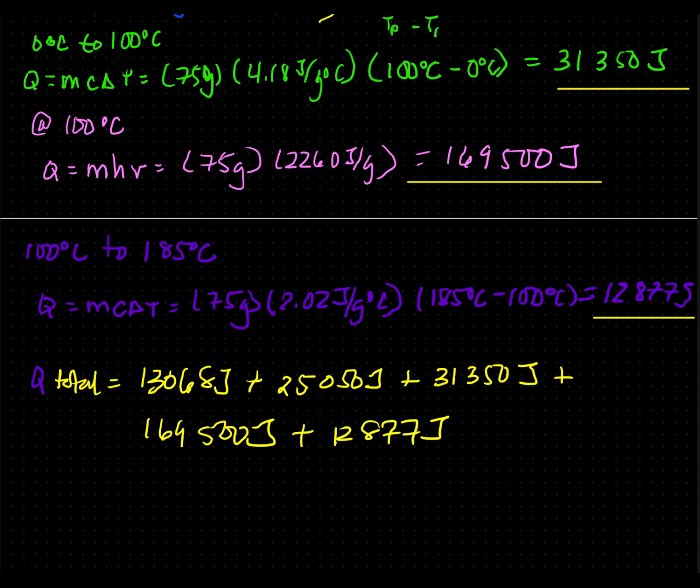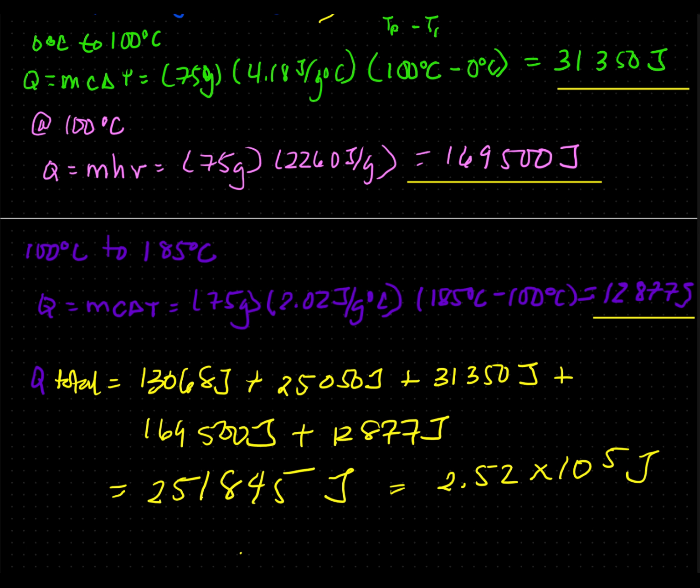If you add the math correctly, you should get approximately 251,845, or it's better in scientific notation, so it's 2.52 times 10 to the 5th joules, or you could leave it in kilojoules.